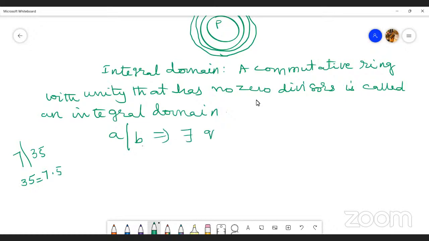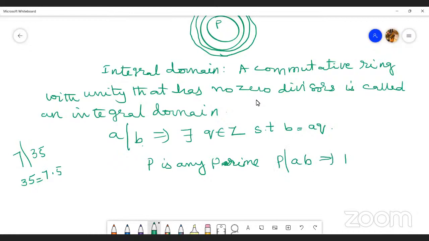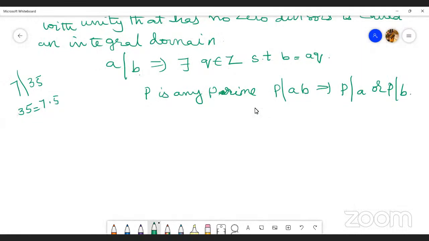If there exists an integer Q belonging to Z such that B is equal to AQ, or B is a multiple of A. And if P is any prime, then P divides AB implies either P divides A or P divides B.